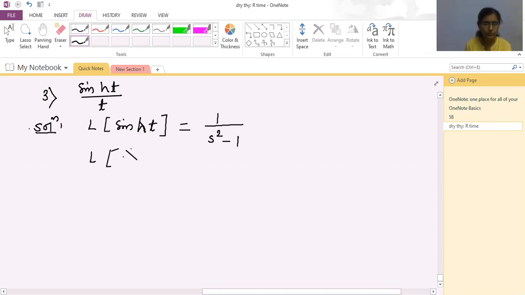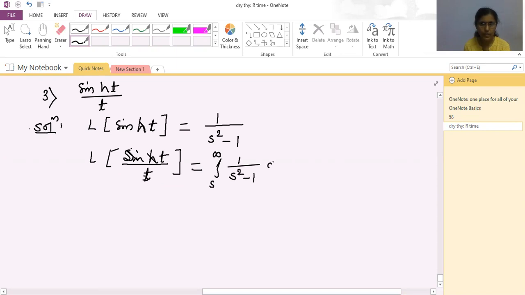So we have to use the effect of division by t. According to that property, we have to integrate the function present on the right hand side between limits s to infinity, isn't it? So we'll integrate it between s to infinity.